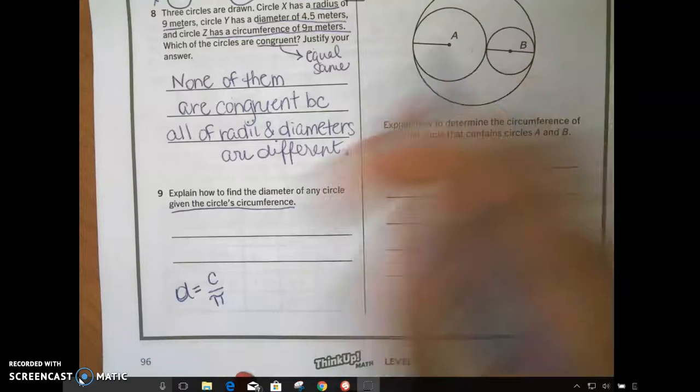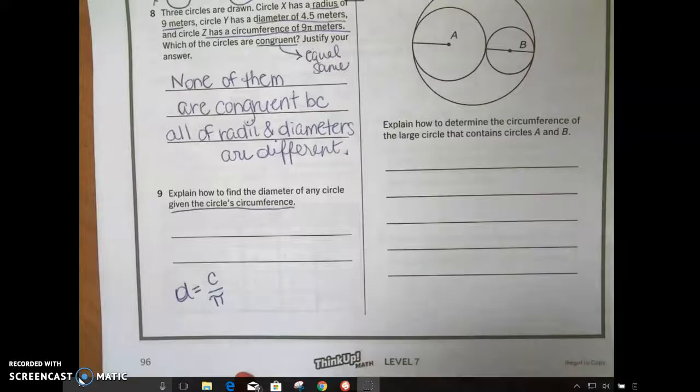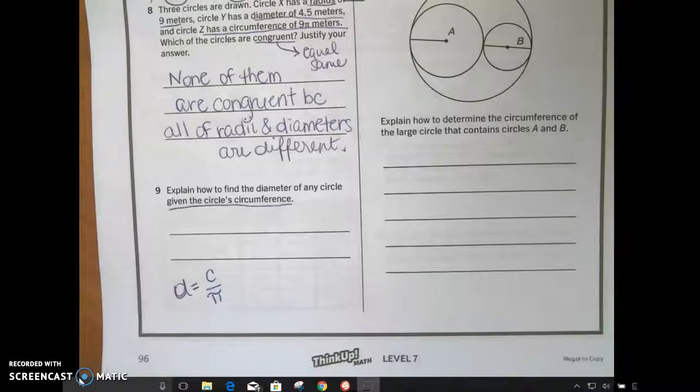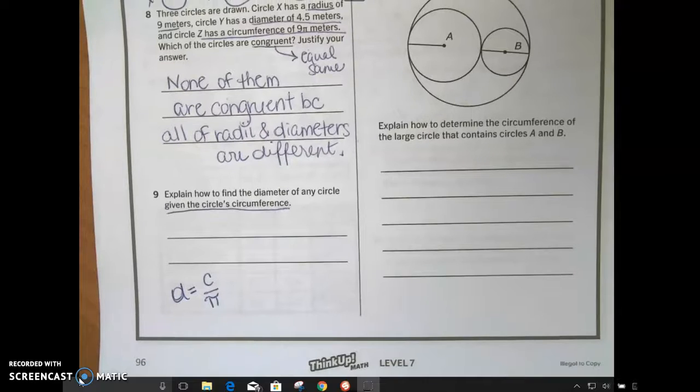If you're teaching somebody how to do this, how would you say that? You're starting from the beginning. I need a complete sentence. What are we doing? Why are we dividing? You're dividing circumference by pi to get diameter. How do you explain something like this, like a recipe?